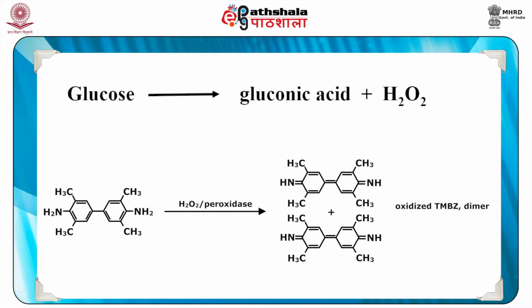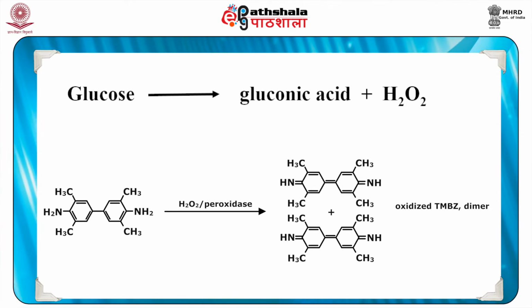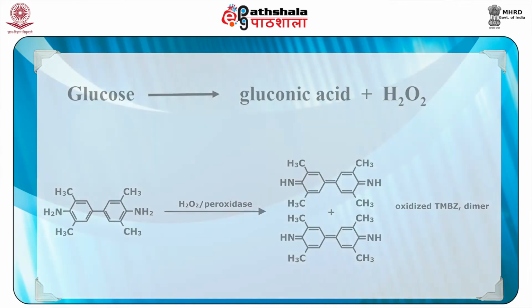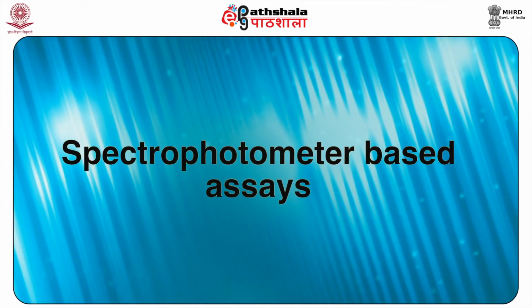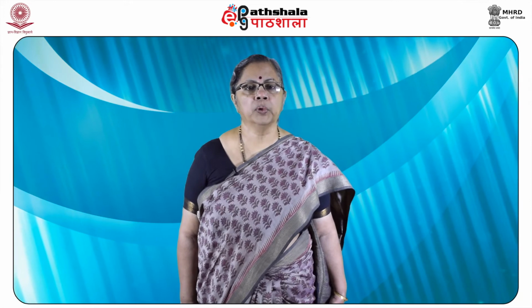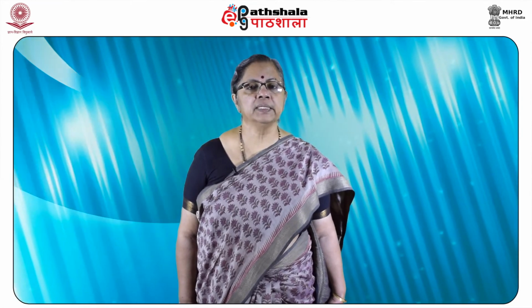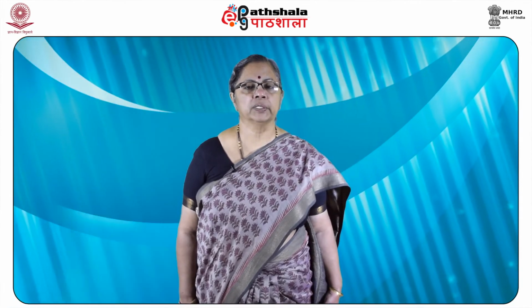Next, certain enzyme assays, focusing on the procedure and instrumentation used for such assays. Let us first consider spectrophotometer-based assays. The concentration of a substrate or product can be easily estimated using a spectrophotometer.